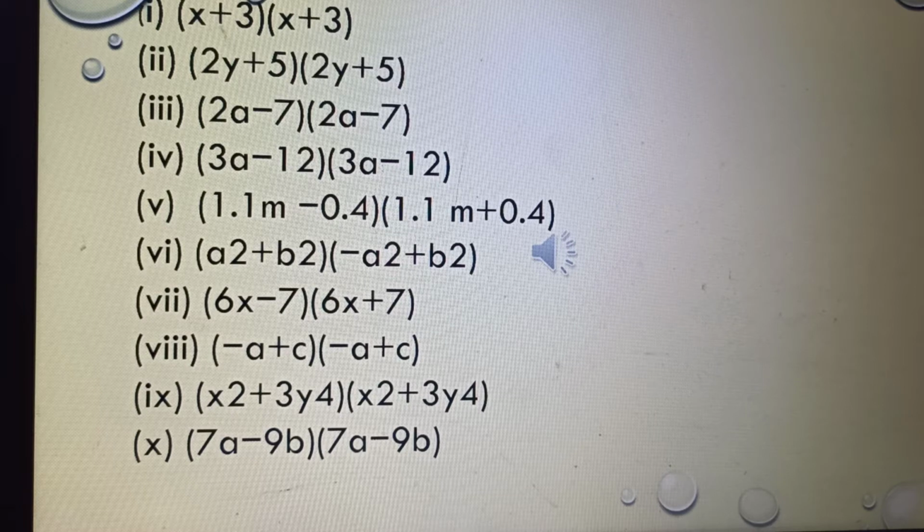That is 4y square plus 25 plus 20y, which is the answer. Then next we use the formula a minus b the whole square: 2a minus 7 whole square gives 4a square plus 49 minus 28a. In the same way we have to solve.